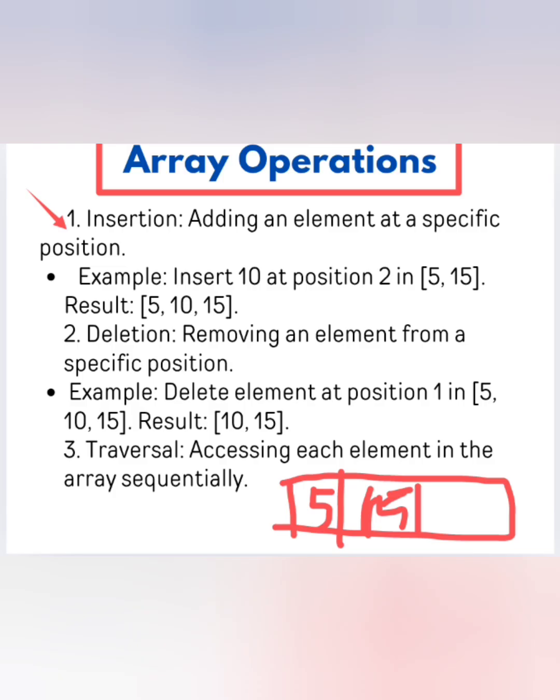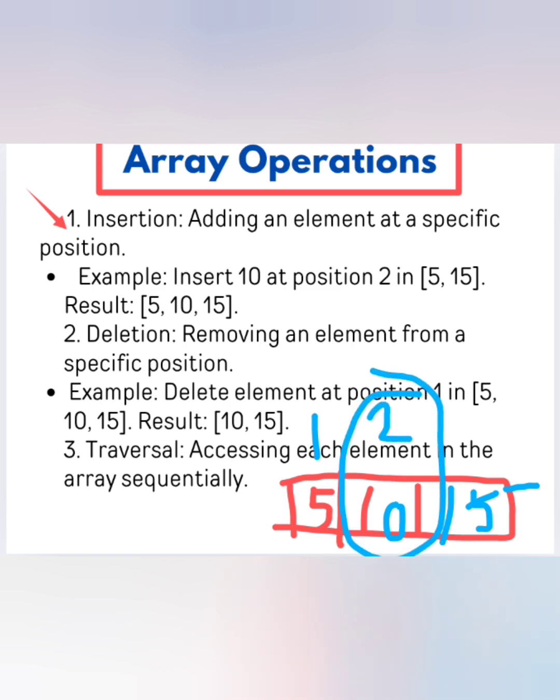If we start the index value from 1 and we have to insert a 10 element, our data structure looks like 5, 10 and 15. At the position 2, if we start the indexing from 1, we are putting the 10 value at the index value 2 by using the insertion operation.